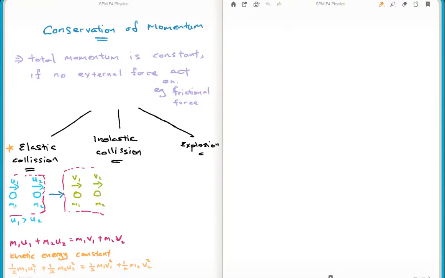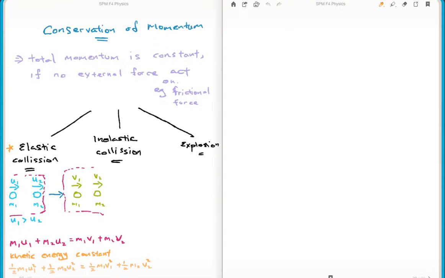For this case, M1 is comparable to M2. They are almost the same. M1 and M2 are like a bicycle with another bigger bicycle of the same class. It's not a bicycle with a lorry, where you wouldn't expect both of them to move in the same direction.